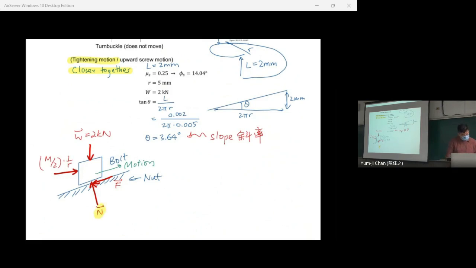And we have the resultant as R, and R has the angle of 14.04 degrees to N.